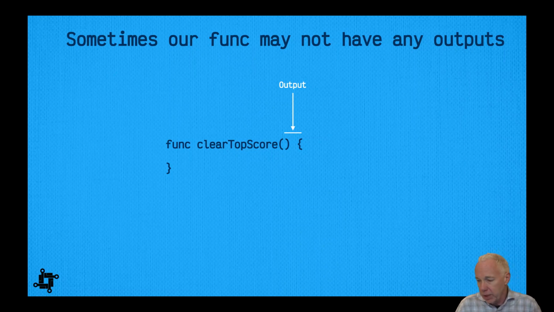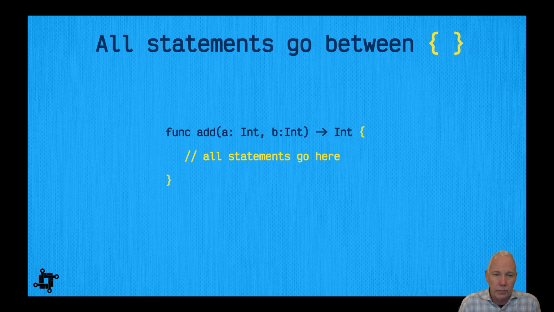So for example, here, this function called clear top score, wherever that top score is stored, the supposition here is that this function is going to actually clear it. But we don't need any inputs to do that, and we don't need any outputs to do it. And so we can just leave the dash greater than off of our declaration completely, and that says that we're not returning anything.